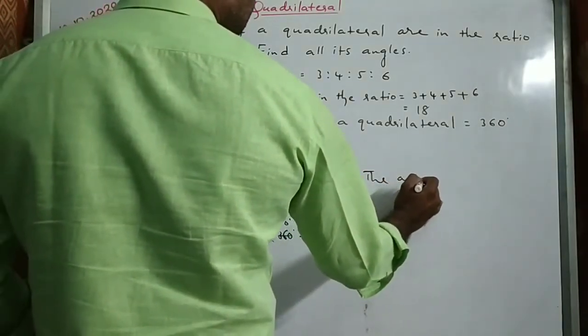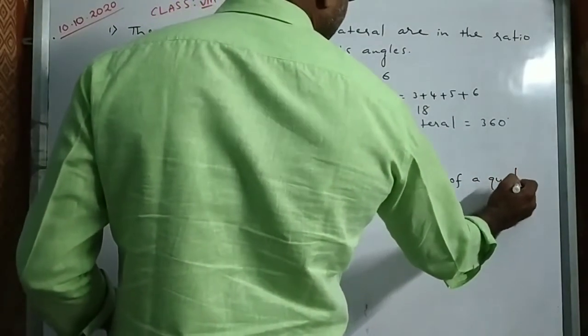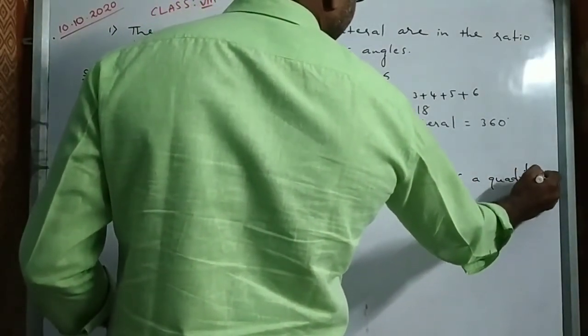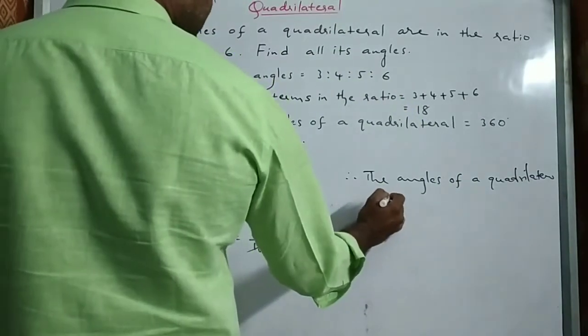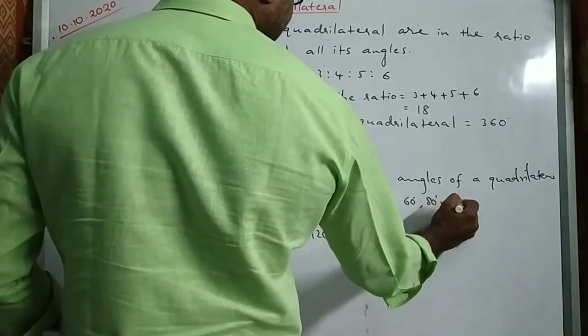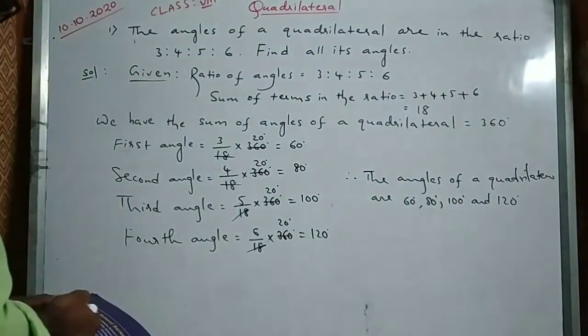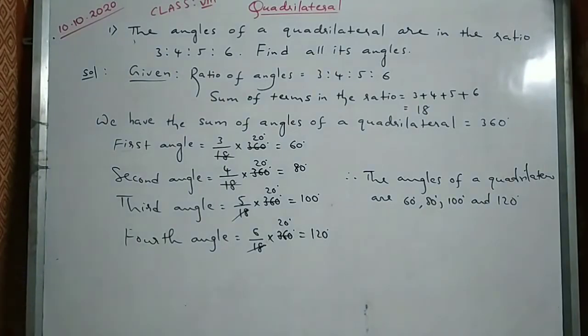Therefore, the angles of a quadrilateral are 60, 80, 100 and 120 degrees. Clear? So whenever we are given the ratio of angles, this is the procedure we follow.